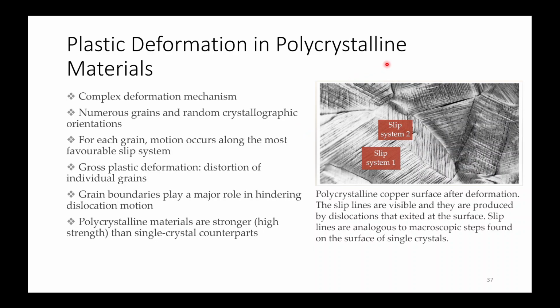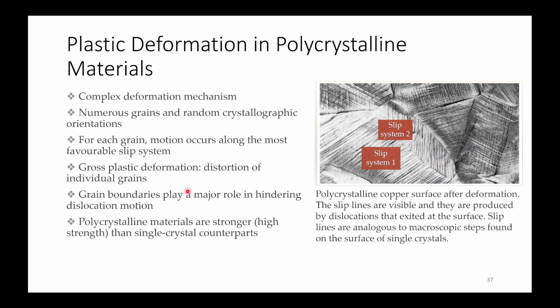Plastic deformation in polycrystalline materials is a complex deformation mechanism. There are numerous grains and they have random crystallographic orientation. For each grain, motion occurs along the most favorable slip system. And the gross plastic deformation is distortion of individual grains.